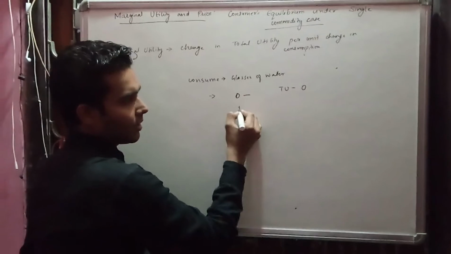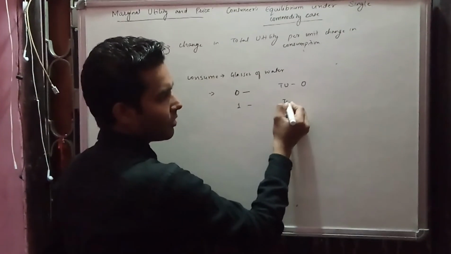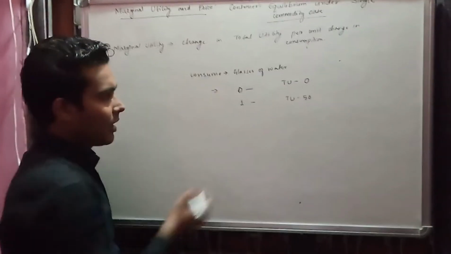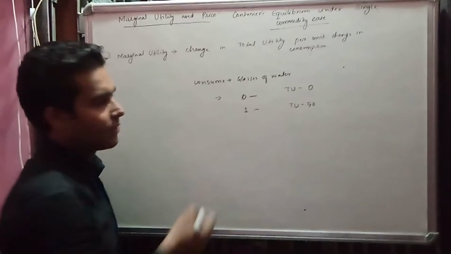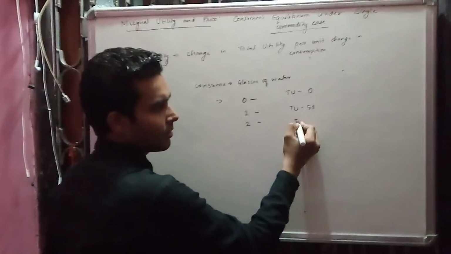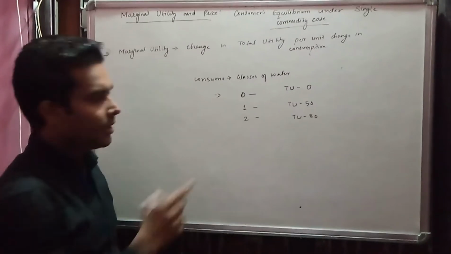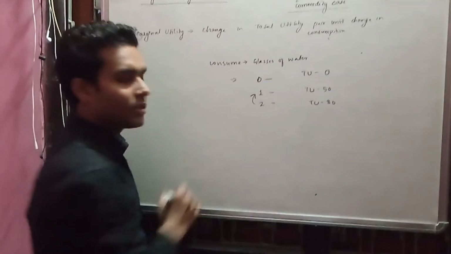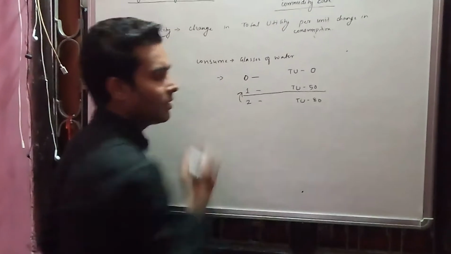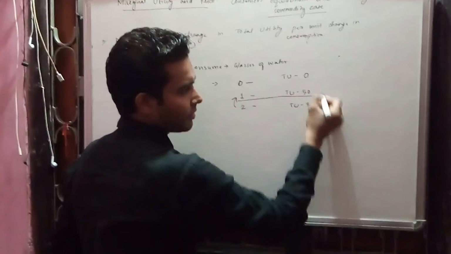As soon as he consumes the first glass of water, let it be, his total gain becomes 50. Now, if he asks for the second glass of water, he will gain something, but that gain will be less than the first one, because he has already satisfied himself with his thirst.